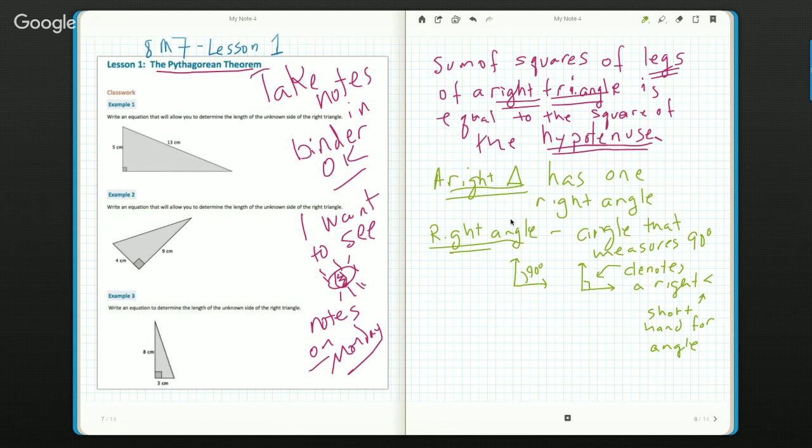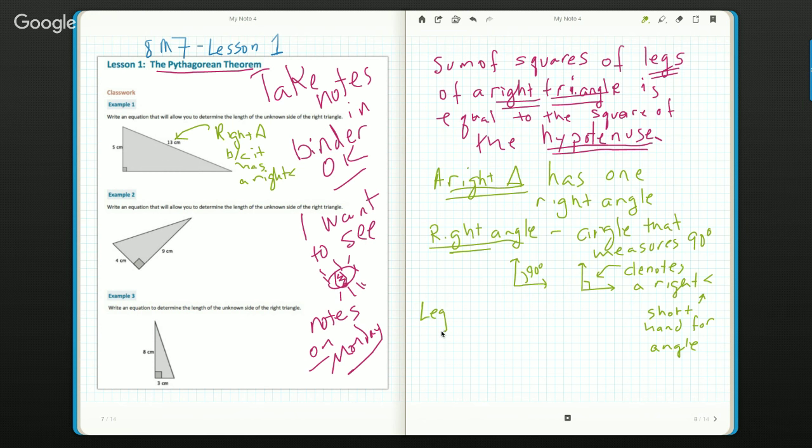So let's look over here at the left. And so this is a right triangle, because it has a right angle. Okay. So the legs of a right triangle. Let's talk about the legs.